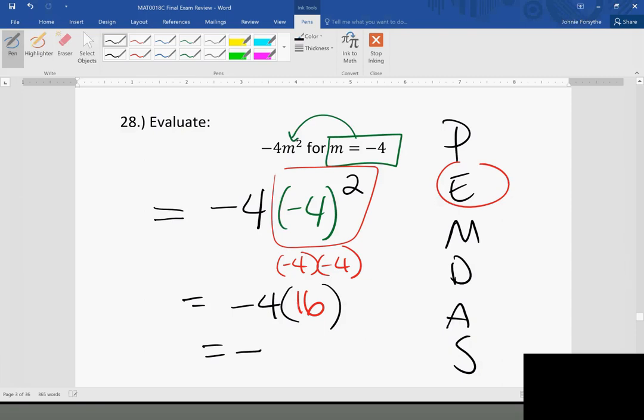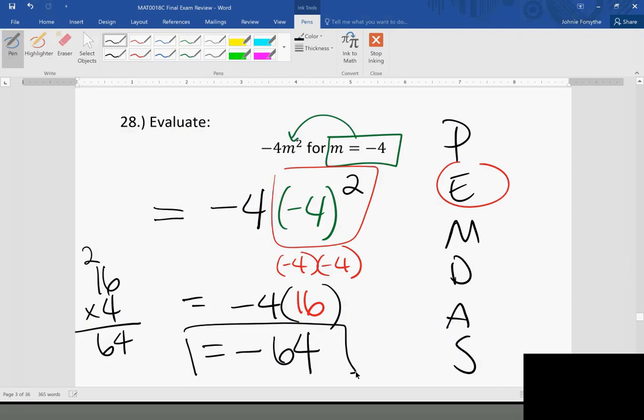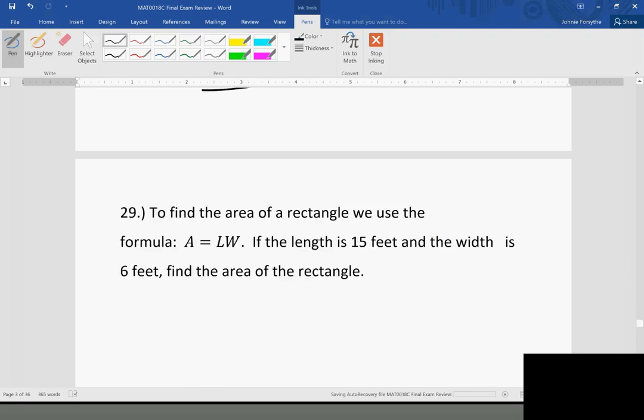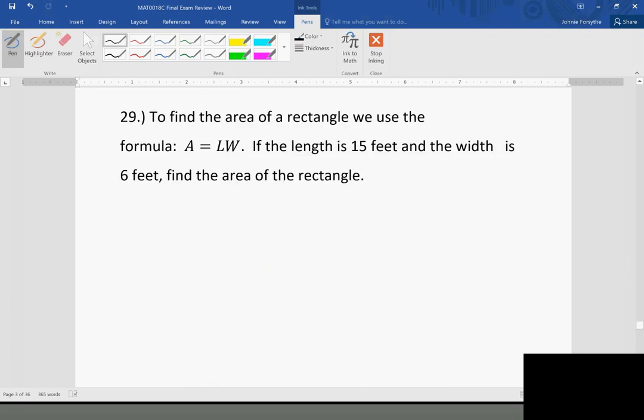I'm going to have a negative, and then I want to take 16 times 4. 6 times 4 is 24, carry the 2. 4 times 1 is 4, plus 2 is 6, so the answer is going to be negative 64.